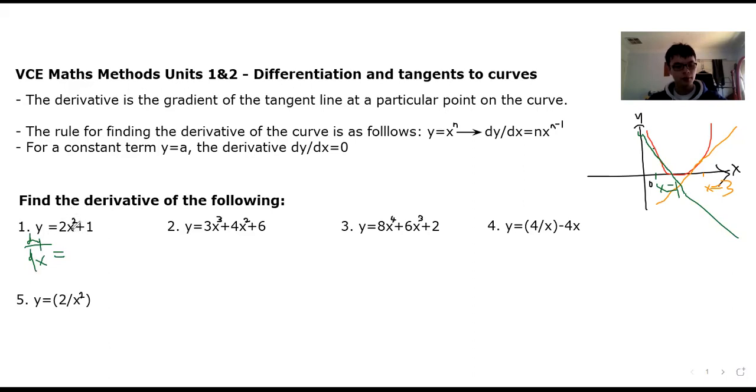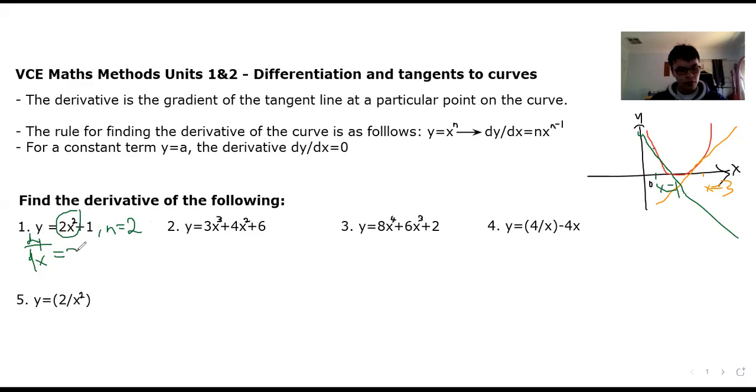Let's focus on this 2x squared term to start off with. To find the derivative of that, according to this rule, we have y equals x to the power of n. So in this case here, n equals 2. But for this constant term here, the derivative for that is just going to equal 0, since 1 is just a constant by itself.